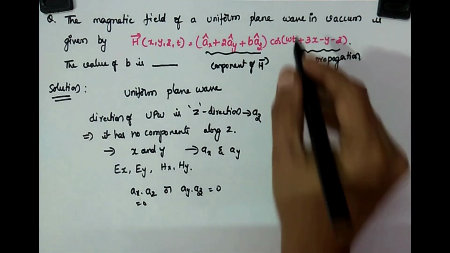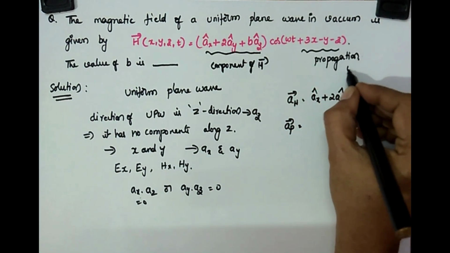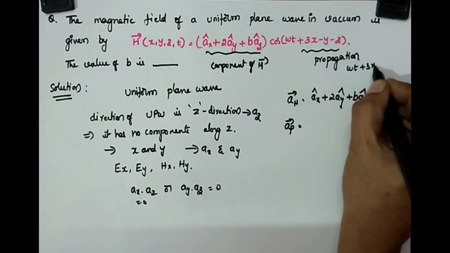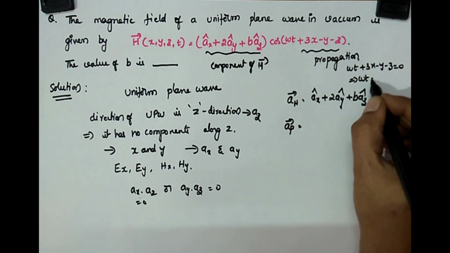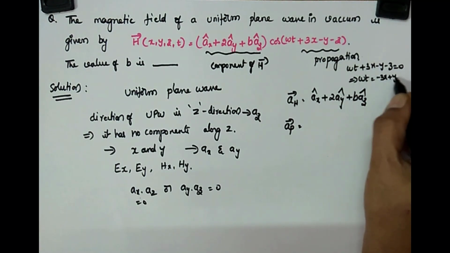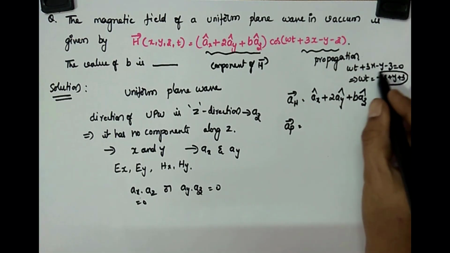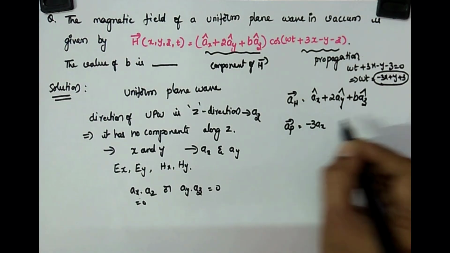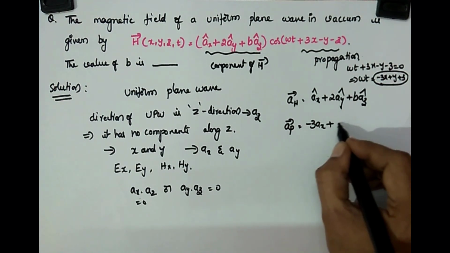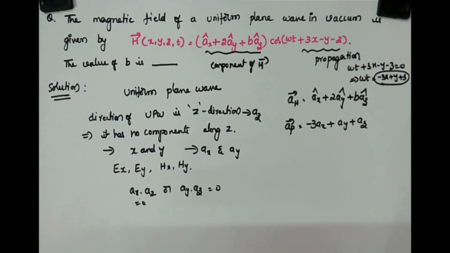Just take this omega t plus 3x minus y minus z equal to 0. I'll get omega t equal to minus 3x plus y plus z. So based on this, you take aP as minus 3 ax plus ay plus az. In that way you have to consider the vector along the propagation direction.